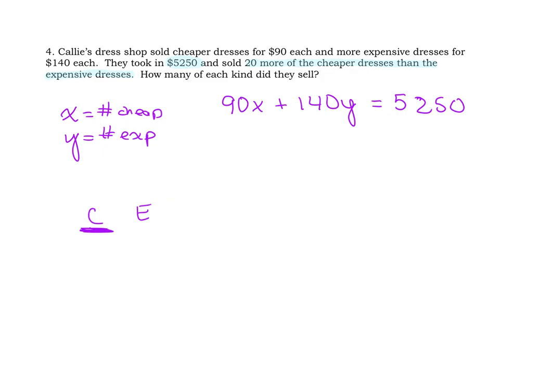That's what I tend to do. So the cheaper is X. So X is equal to the more expensive, which is Y, plus 20. So if I add 20 to the more expensive, they're now equal in number. And that's sometimes the hardest one to write.